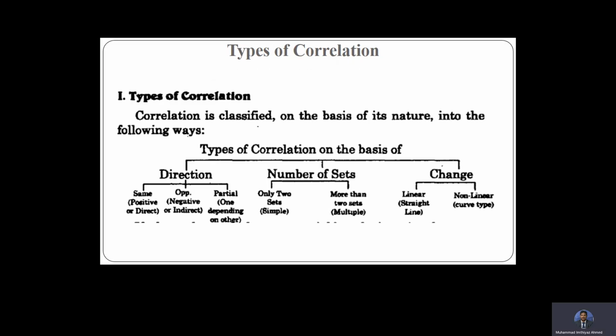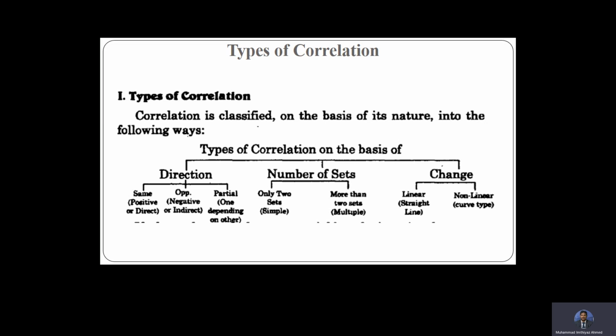Now we have various types within correlation. We have direction, number of sets, and change. In direction, we are going to see positive or negative, or direct or indirect, partial. In number of sets, we have only two sets, that is simple, and more than two sets, that is multiple, linear, non-linear.